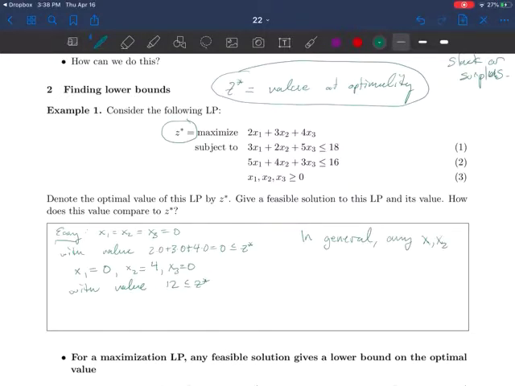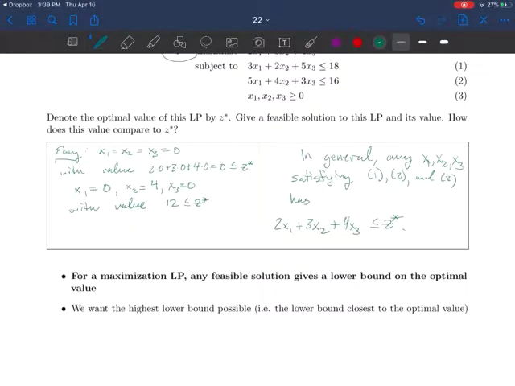In general, of course, we can say any x1, x2, x3 satisfying the constraints 1, 2, and 3 has 2x1 plus 3x2 plus 4x3 less than or equal to z star.